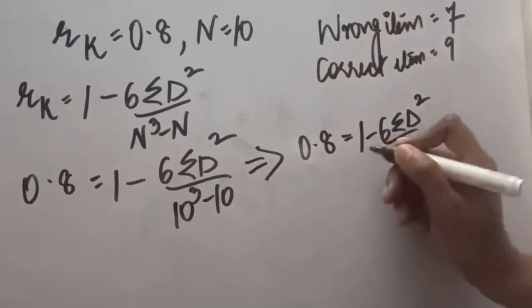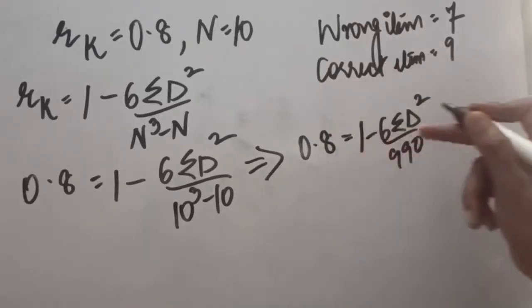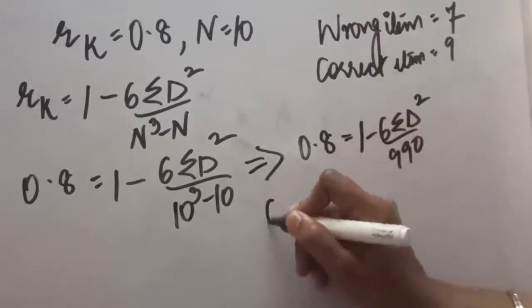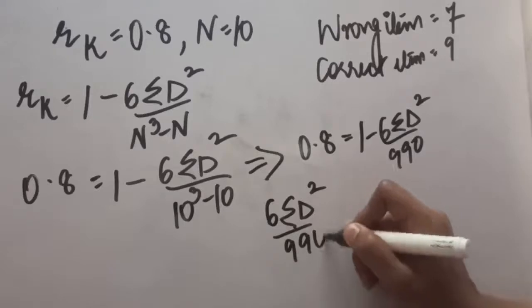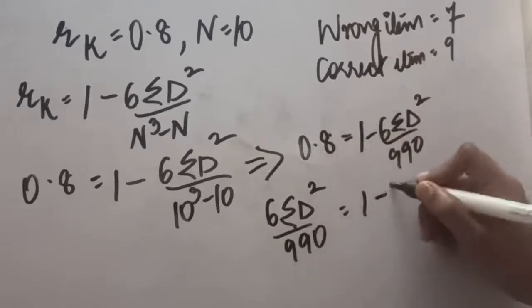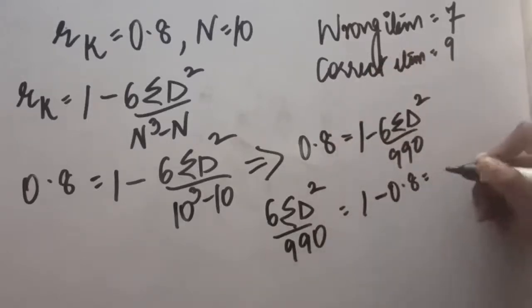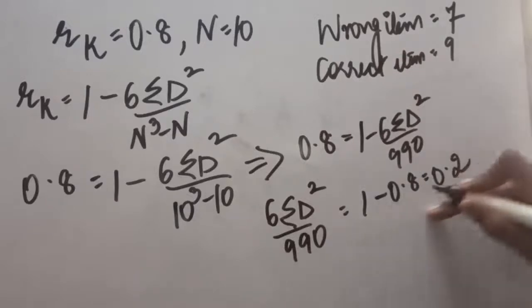Correct? So what else can we do? We can take this 1 to the other side. I am taking 6 sigma d square upon 990 to the other side, and this 0.8 will come to this side. So I will get 0.2 after deducting.